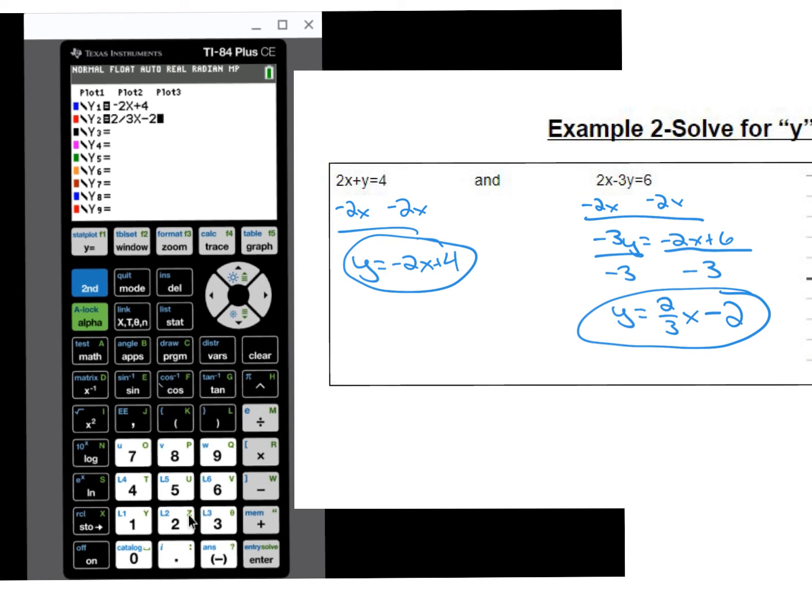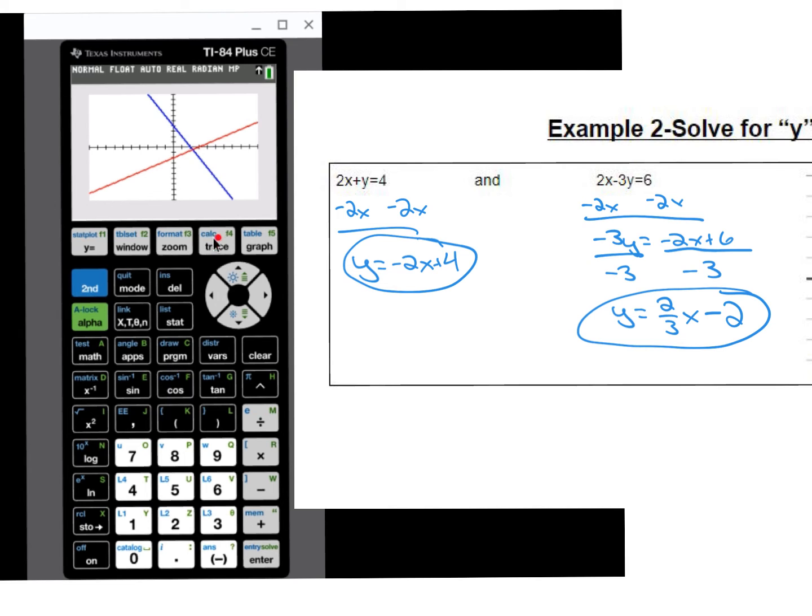Okay. Once we get our equations in, we can take a quick peek at the graph. It's kind of hard to see what that might be. So we're going to hit the second calc, and we want to go down to 5, whether you scroll down or hit the 5. That's going to take us to first curve, second curve, enter. And now we want to pause so we can get our answer.